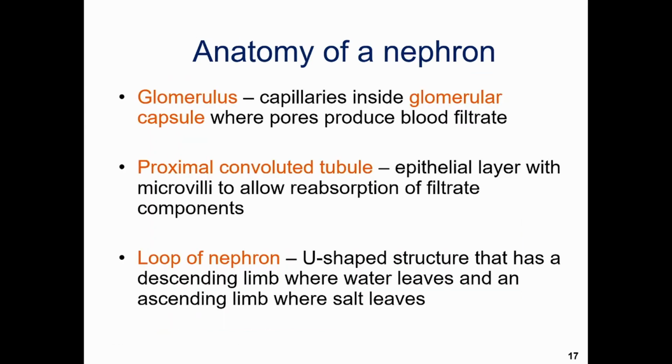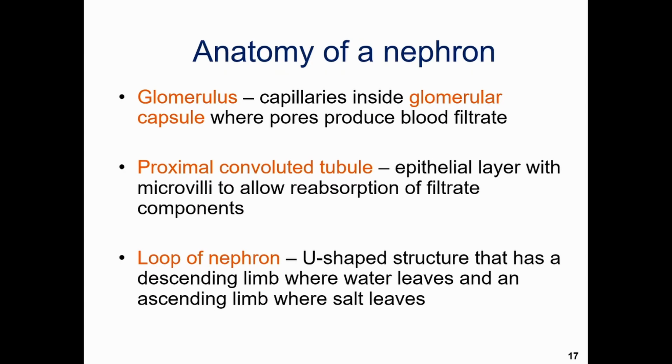So let's talk about each of the pieces that I just pointed out on the image. We have the glomerulus, which has capillaries, those blood vessels, inside of this capsule called a glomerular capsule or a Bowman's capsule. And this is where we're going to start pulling things from the bloodstream. These capillaries are going to be porous, right, where we can actually filter things out from the blood.